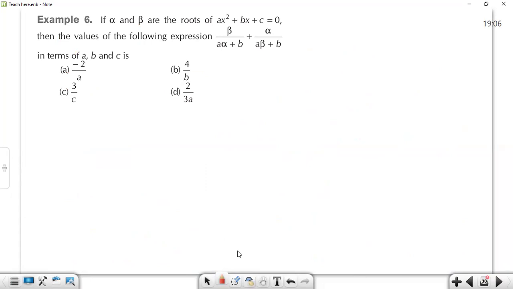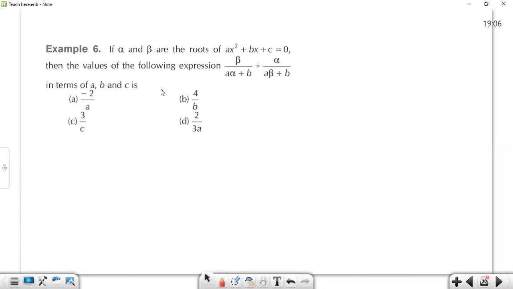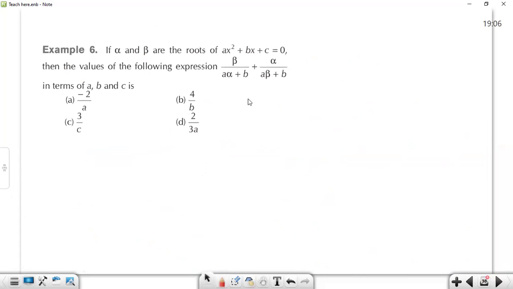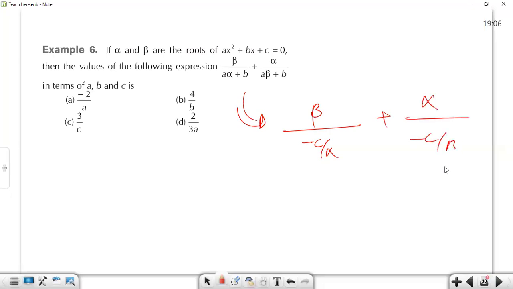So in the given quadratic equation, we have to find out this: beta upon A alpha plus B, what is it? Minus C by alpha, plus alpha upon minus C by beta. So bringing this alpha to the numerator, alpha beta by C minus, and this will also be A alpha upon C into alpha beta, also in negative.